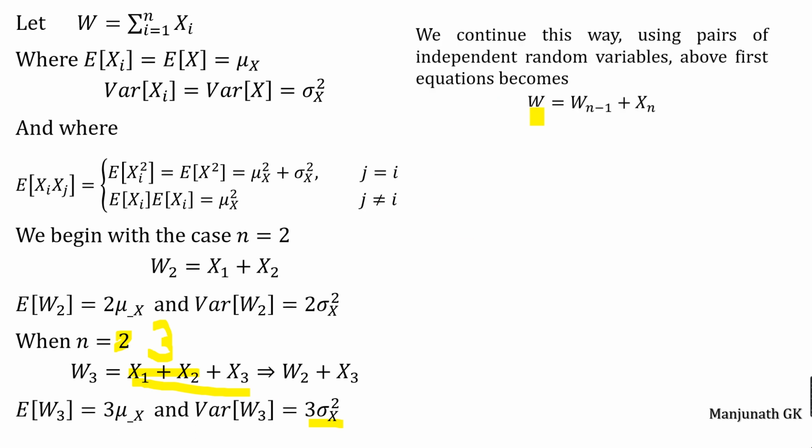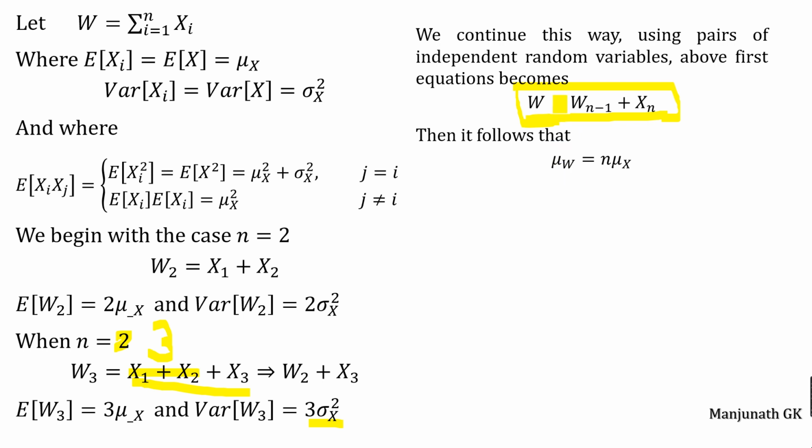So in general, that equation can be done with n being any value here. You can take 10, 100 or 10,000. It can be anything. So in general it can be written as w of n is equal to w of n minus 1 plus xn. It is a general sum of two independent random variables. And what about mu x?